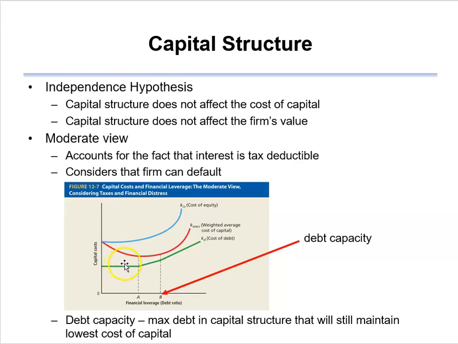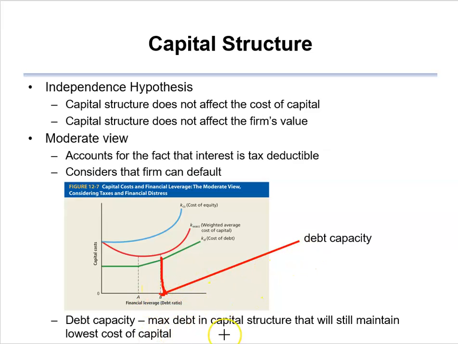As we add more and more of this low-cost debt, our weighted average comes down. But at some point, this is going to turn back up because the cost of debt is getting bigger, and so our weighted average goes up. At this point here, where our weighted average goes up, we call that our debt capacity, right there.